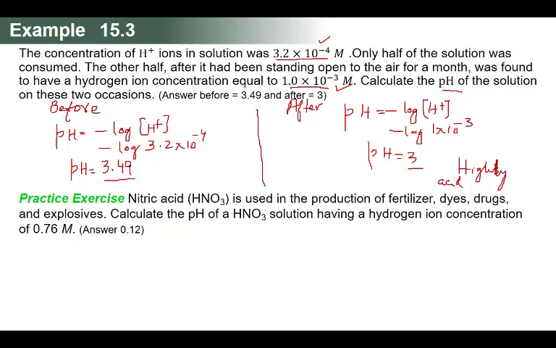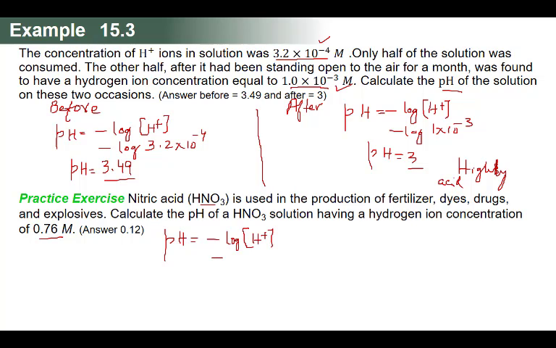So practice here. The nitric acid is given here, and he is asking you, the concentration of nitric acid is 0.76. So same formula. Nitric acid means the hydrogen ion concentration, because nitric acid is a strong acid, 100% dissociated. So the concentration of nitric acid means the concentration of hydrogen ion.